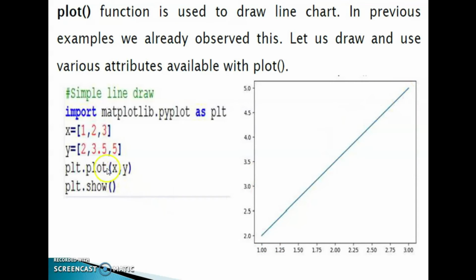Here x coordinate, that is 1, 2, 3. Check this one, 1, 1.25, 1.50, 1.75, 2, etc. up to 3. Then y is equal to 2 to 5. Okay, we use these x and y coordinates. Then we can see the line like this. Okay, clear?